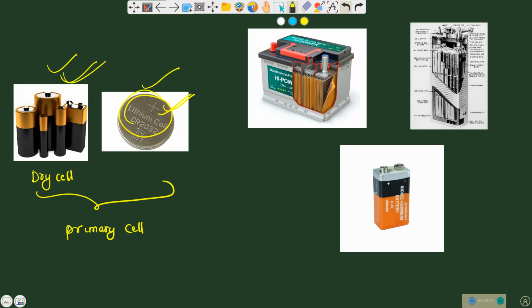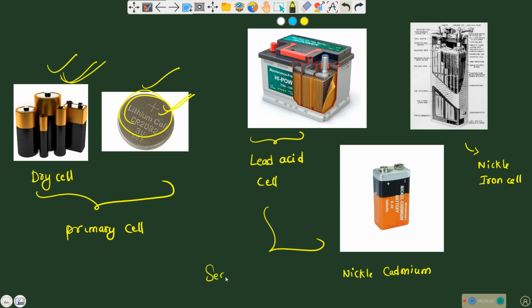This is a lead acid cell, this is nickel cadmium, and this is a nickel iron cell. These are all called secondary cells, which are rechargeable.